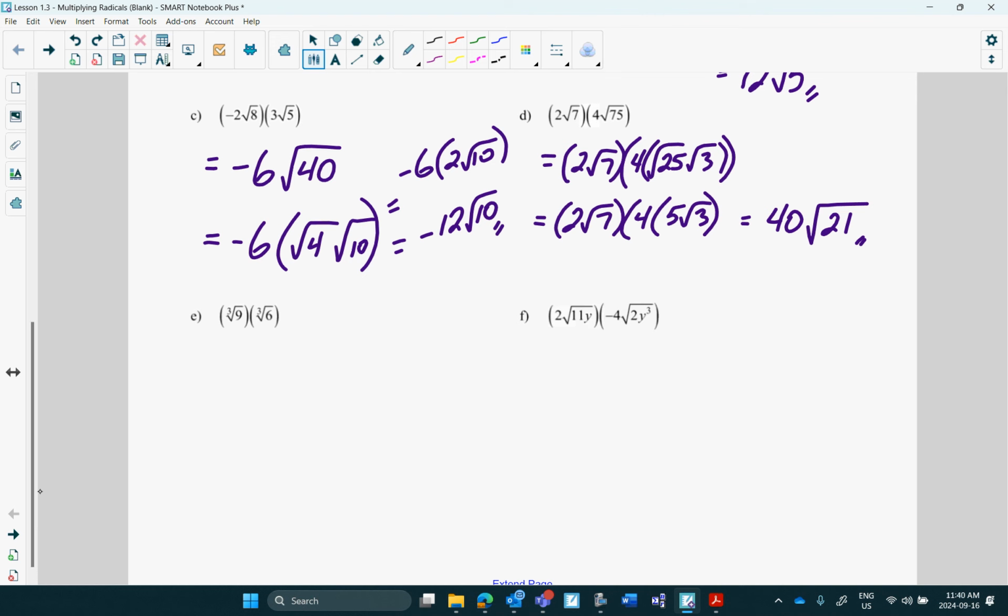What's cube root 9 times cube root 6? Cube root 54. And again, I have to think about simplifying, which it can be, but you've got to change your thinking. You're no longer thinking perfect squares.